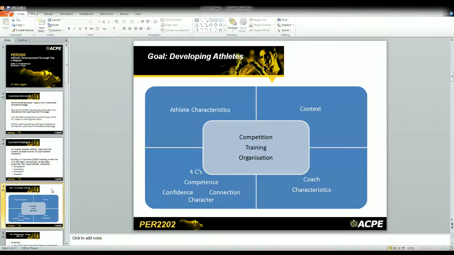When you're developing your athletes, competition, training, and organisations are intermixed with the athletes' characteristics, the context of the sport, the coach's characteristics, and the 4 C's. Throughout the next stages as we go along LTAD over the next several weeks, we're going to constantly refer to these 4 C's. So take a note of it, jot it down, and just try to remember it.